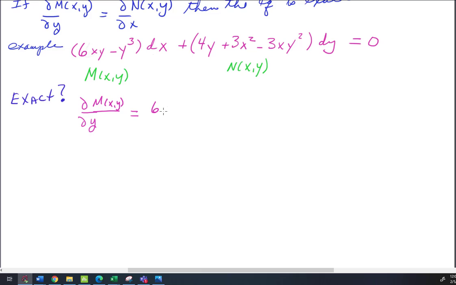So I've got a 6x, and the derivative of y would be 1, minus 3y squared. And the partial of n with respect to x would be, now here's n, so taking the derivative with respect to x, that's a 0, and this would be 6x, and this would be 3y squared, and it's negative 3y squared. So compare these two. Yeah, it's exact.